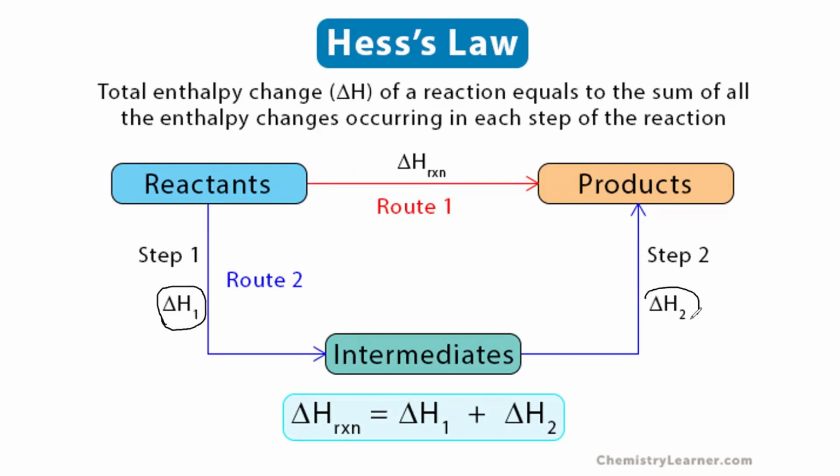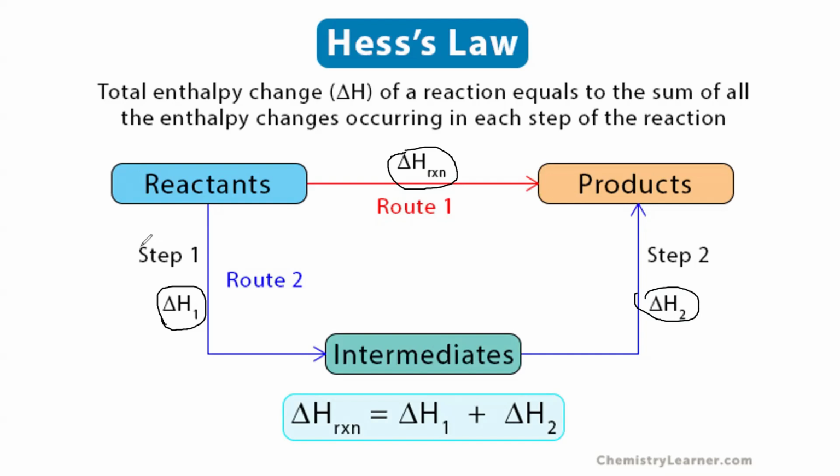Let's say you have your reactant converted into products, and you generate the enthalpy of that particular reaction. But the enthalpy of the reaction usually doesn't change. It's always constant, even if the reaction undergoes more than one step.